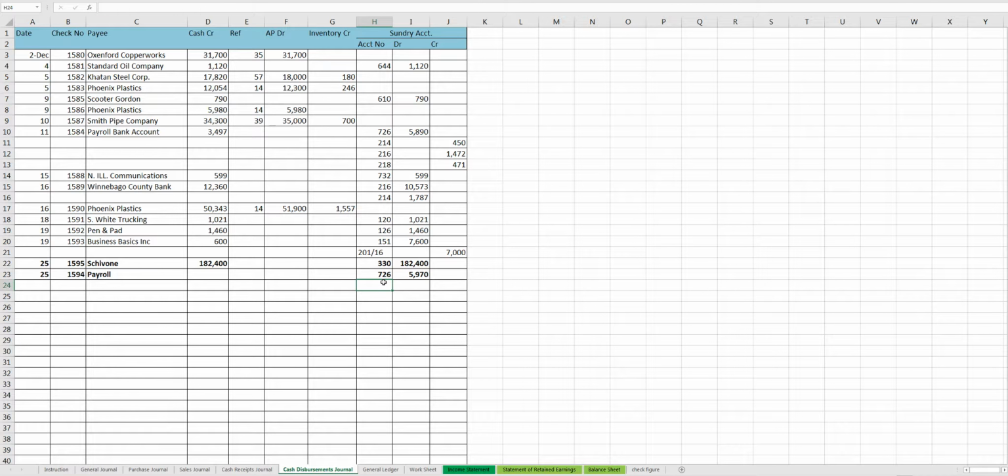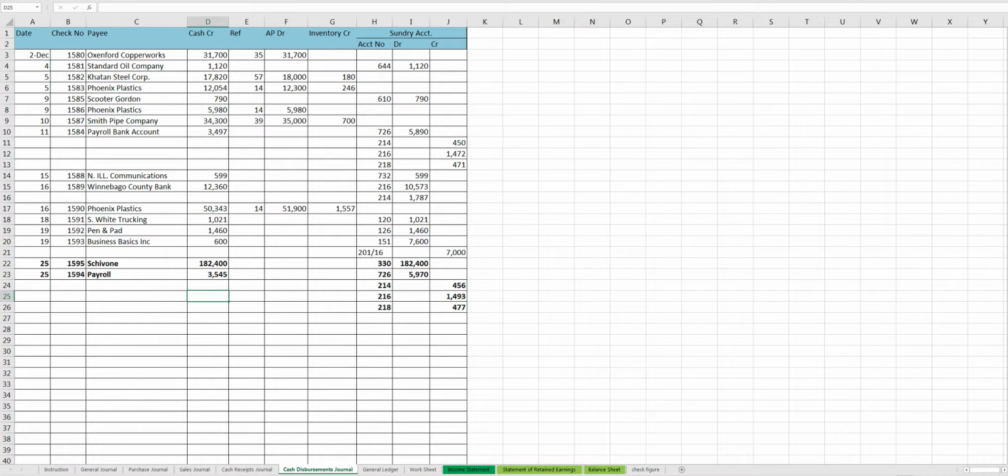Okay, we're going to credit withheld liability payable. Now those are credit numbers. And finally, we credit cash. We pay cash. Okay, so that's the first journal entry for this transaction.